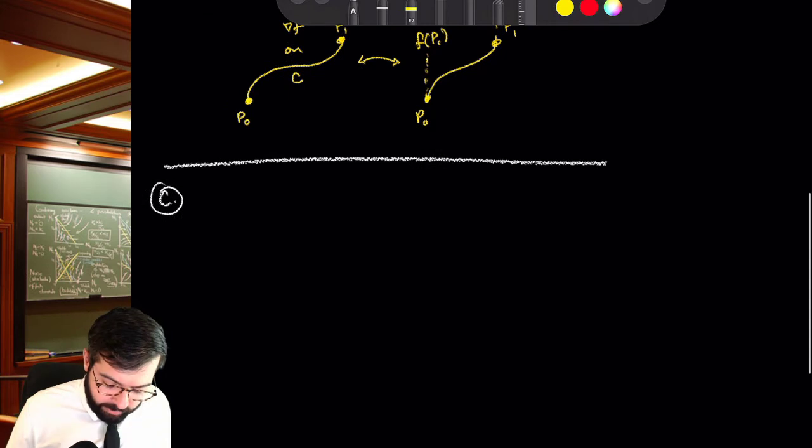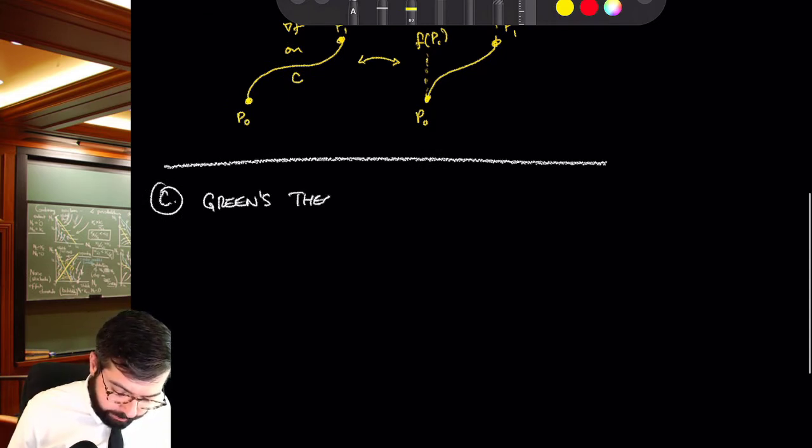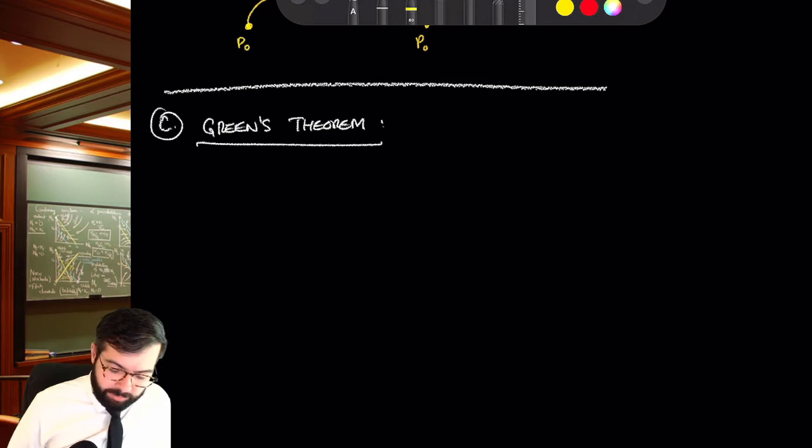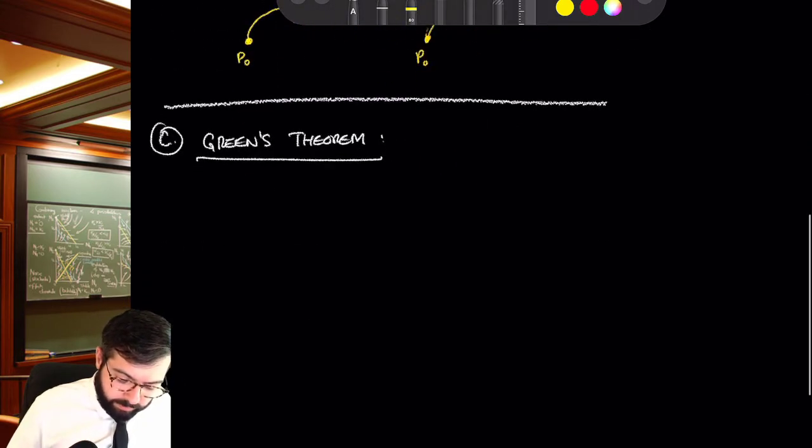So the next one that had the same theme is Green's theorem. Green's theorem, next dimension up, instead of a curve or an interval, what did it do?